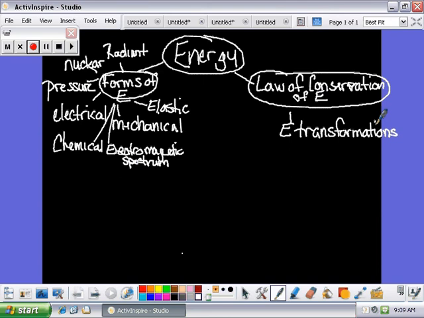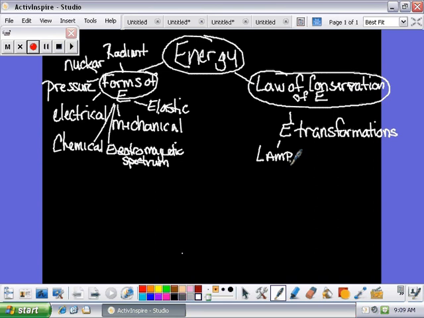There's other forms that it can change to. So if I have a lamp that I want to turn on, what are the transformations of the energy to get a lamp? Mechanical. Well, we have mechanical because you have to physically turn it on. What is another form of energy before we get to mechanical? Chemical. Chemical for what? From like either the coal or the burn to be turned to electricity.